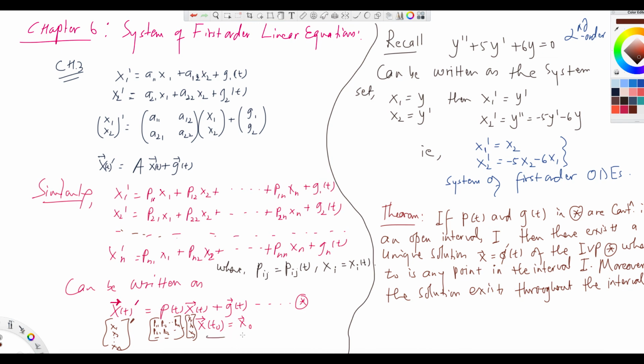And this is the initial condition. So this is how we write the system of ordinary differential equations.